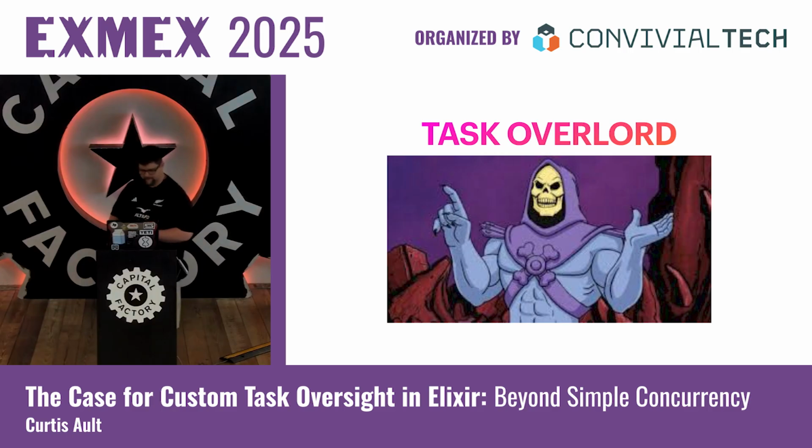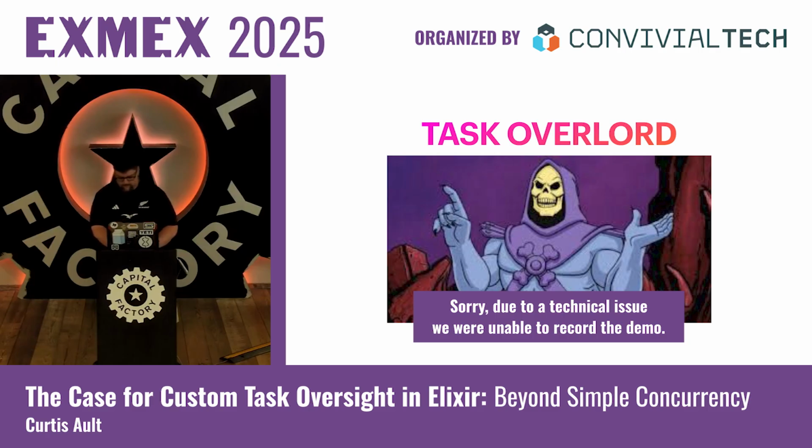So I present to you Task Overlord. With this server running now, I won't bore you with all the code, because this is up on GitHub if you want to do a deep dive.